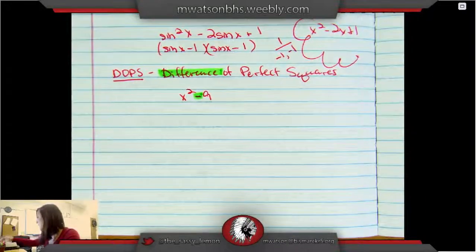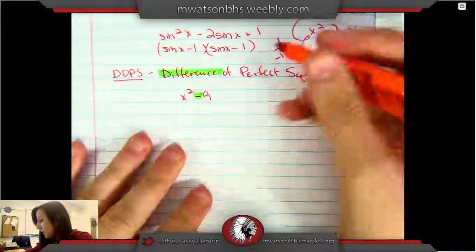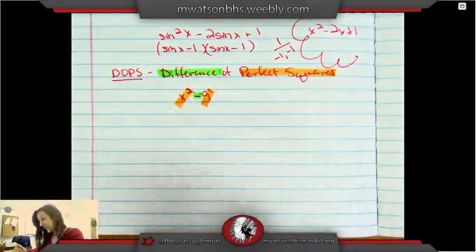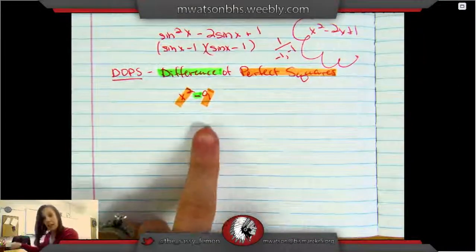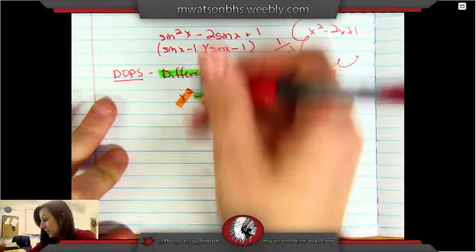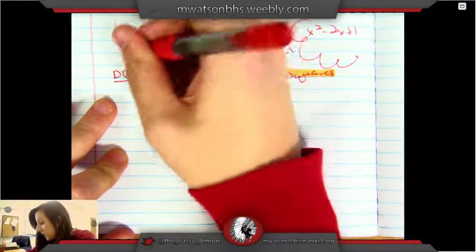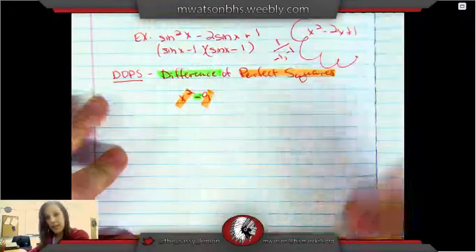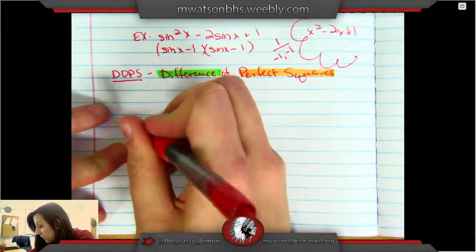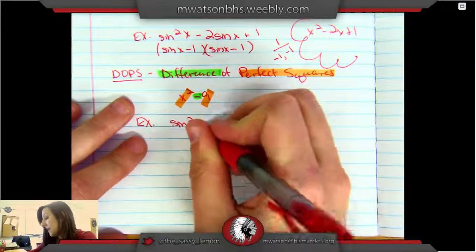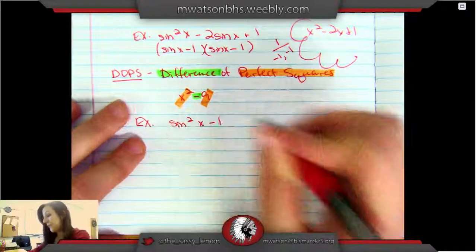And then it's a difference of perfect squares because x squared is a perfect square and 9 is a perfect square. So anytime you see something like this, it can be factored. Some trig examples include, here we go. So an example of this in trig might include sine squared x minus 1.